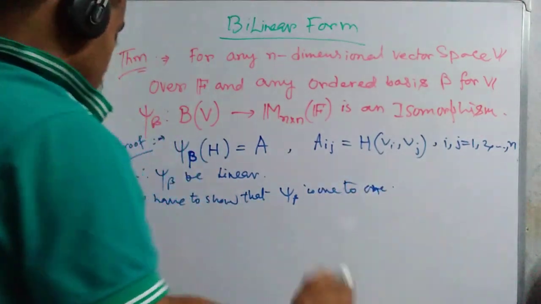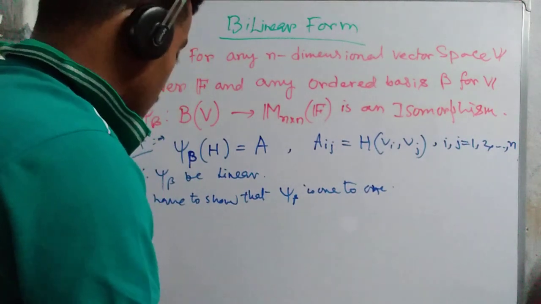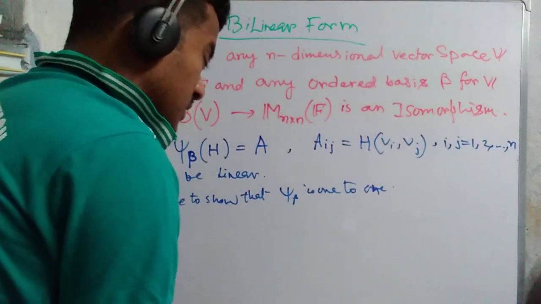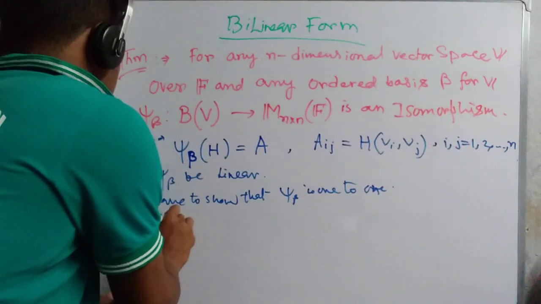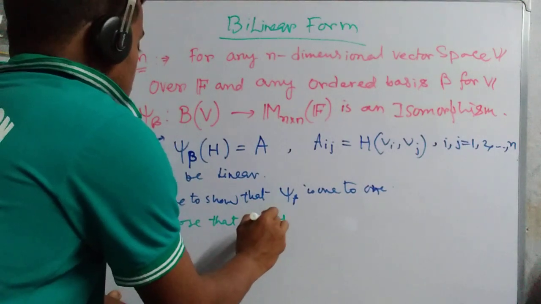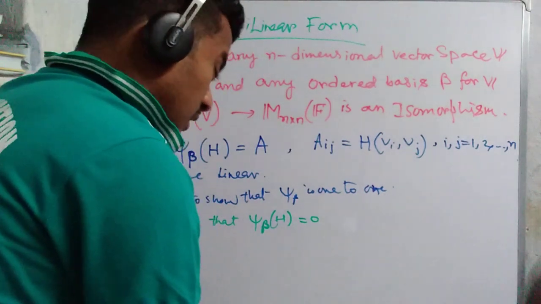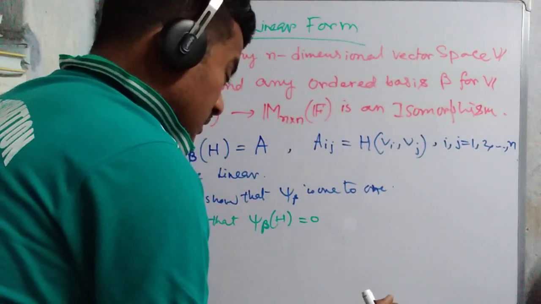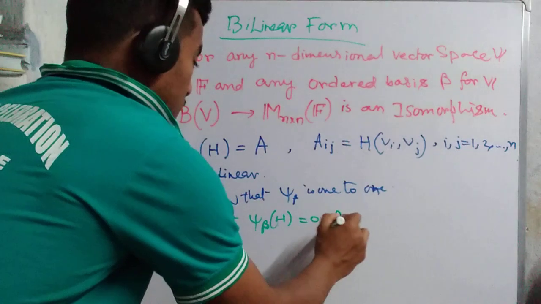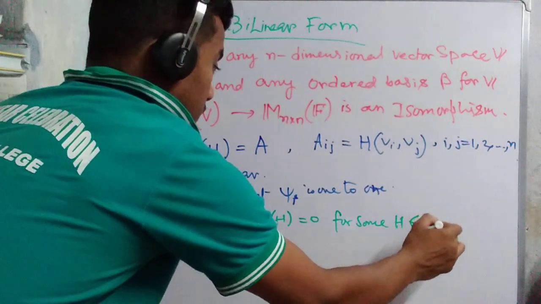First we show this. Suppose that psi beta of h is equal to 0, which implies that h is equal to 0. This means psi beta is one to one. So suppose this for some h belonging to B(V).